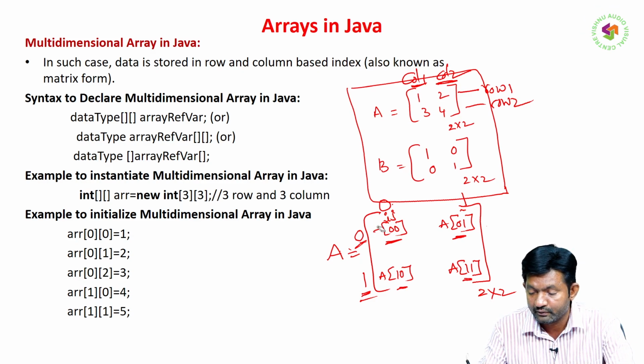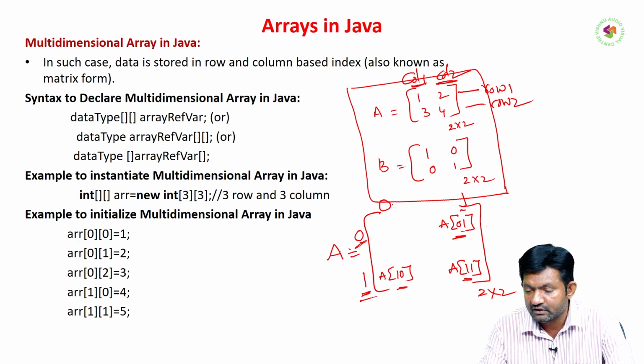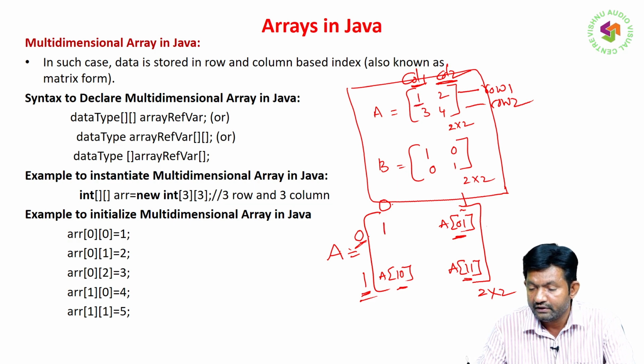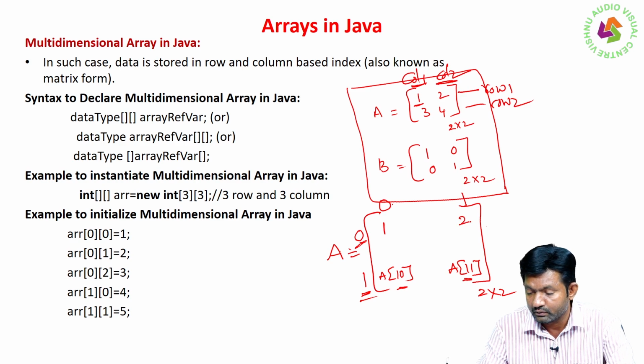For example, assuming that matrix A is 1, 2, 3, 4. A of 0, 0 is here 1. A of 0, 1 is 2.